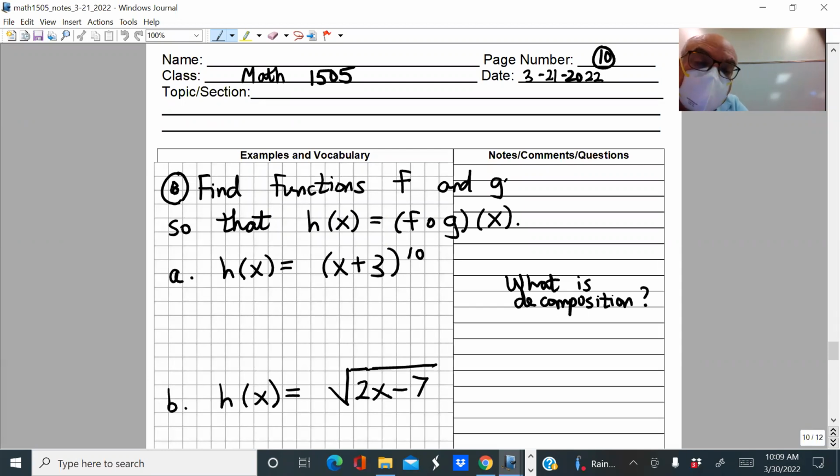And there are problems like this on the sample test, but there were not any problems like this in your homework, however. So the problems like this on the sample test, pay attention to those because you didn't get really practice with this on the homework, this particular part of composition, which is actually called decomposition, not composition.